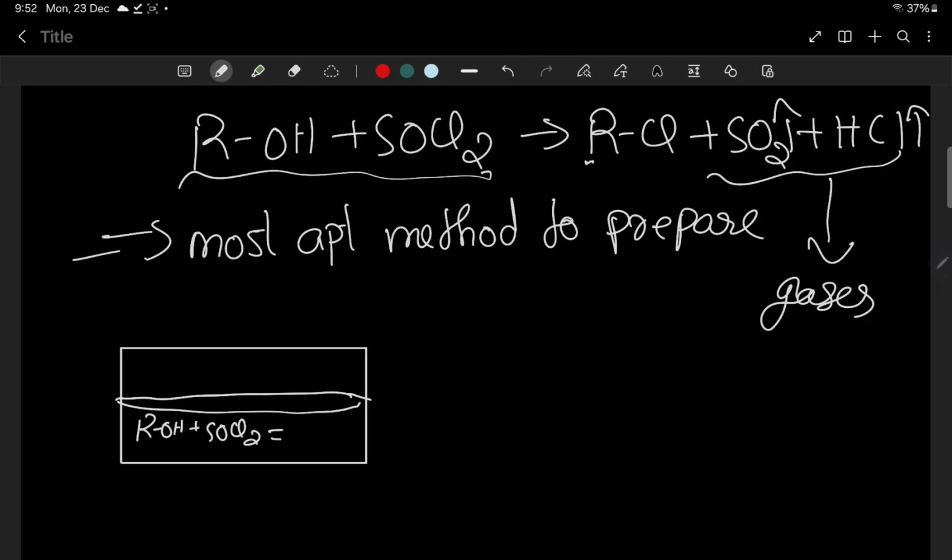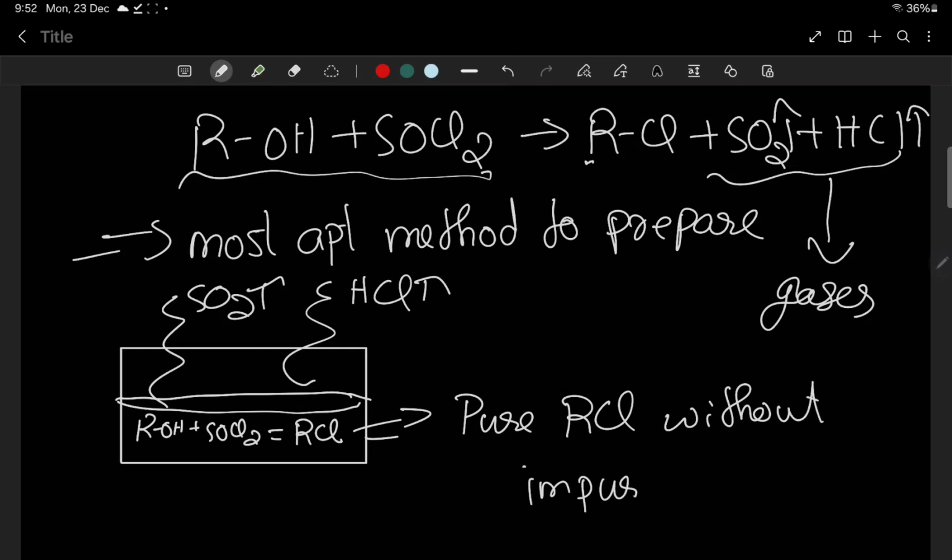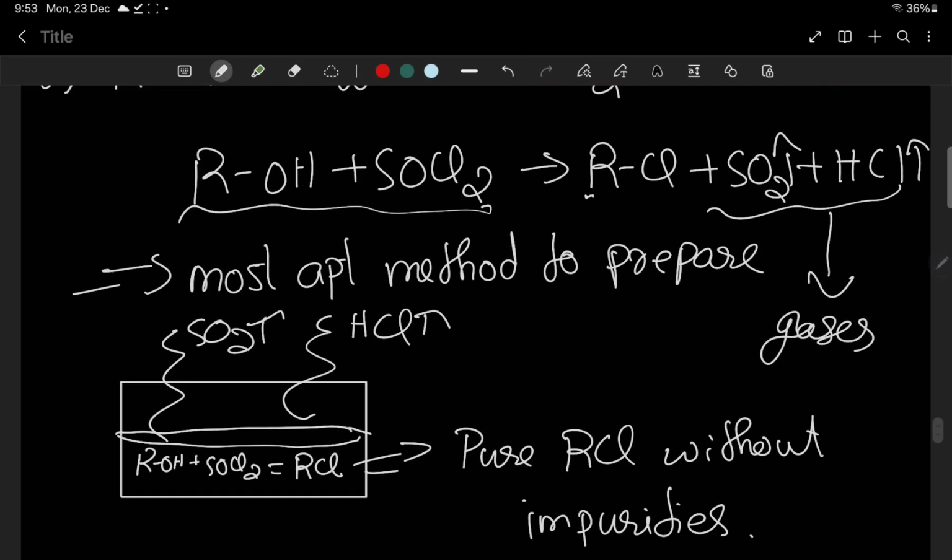What I get is RCl. The other two byproducts will quickly go out as gases, and hence I get pure RCl without impurities. Therefore this is the apt method, because the byproducts are gases.